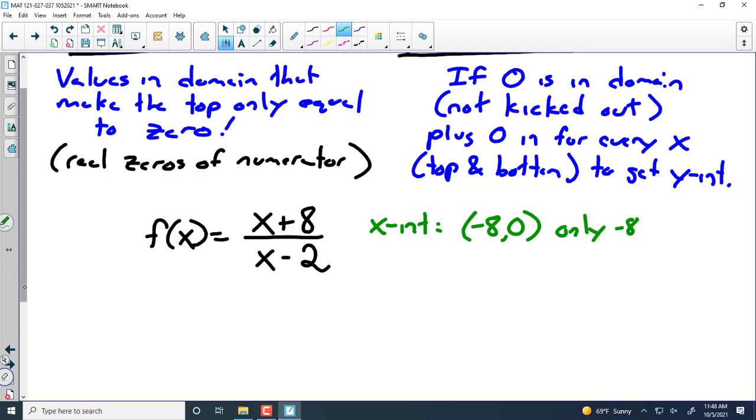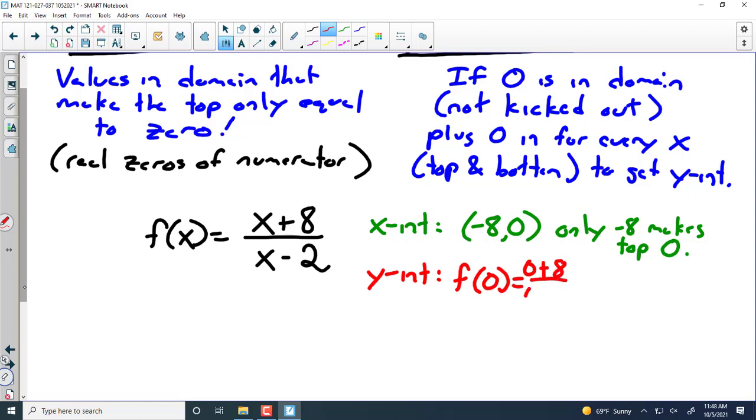Only -8 makes the top 0. That's why the x-intercept is -8, 0, because only -8 makes the top equal to 0. Find the y-intercept: plug in a 0 for every single x. You're left with 8 divided by negative 2. What's 8 divided by negative 2? Negative 4.